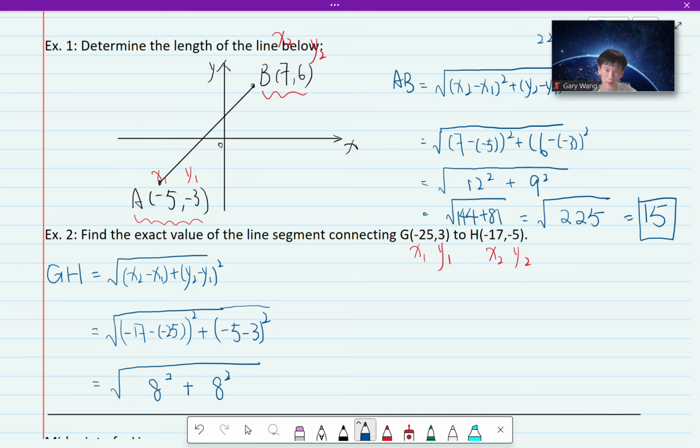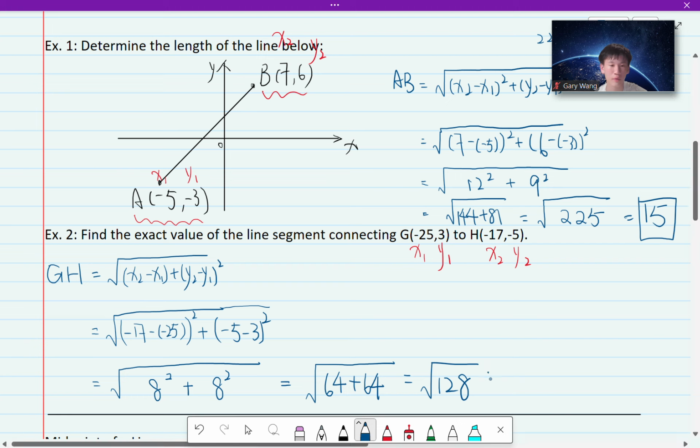It's also 8 squared, 64. So we can get the square root of 64 plus 64. We can get the square root of 128. And after simplification, we can get 8 root 2. And this would be the exact value for the distance of line segment GH.